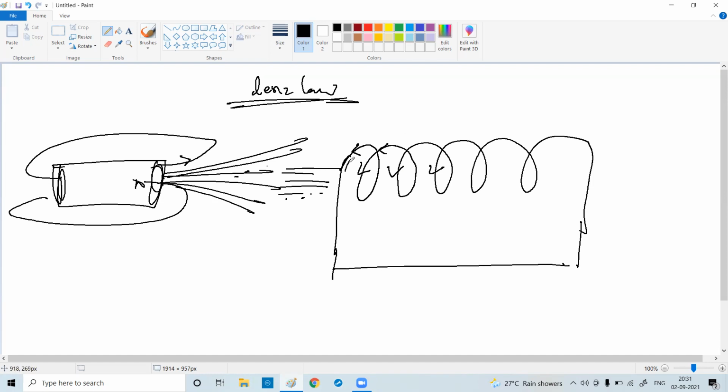Because of this, if your current is in this direction, your thumb is in this direction, it will generate a magnetic field which will oppose this change. Okay, and this magnetic field and that magnetic field will get opposed and it will stop.